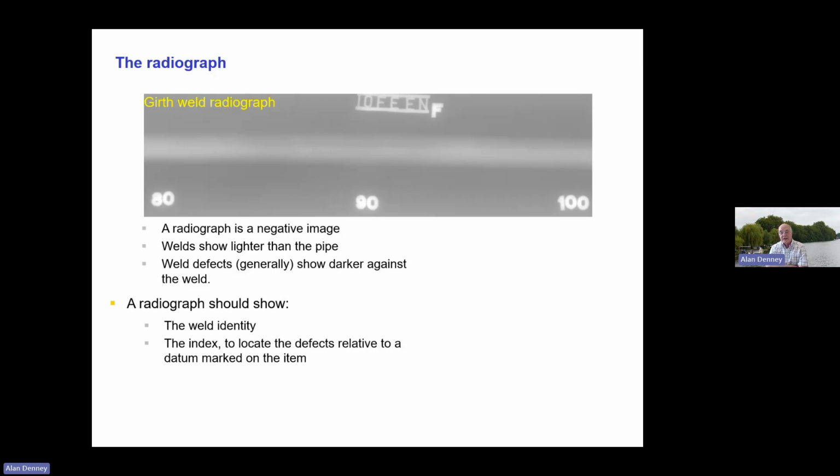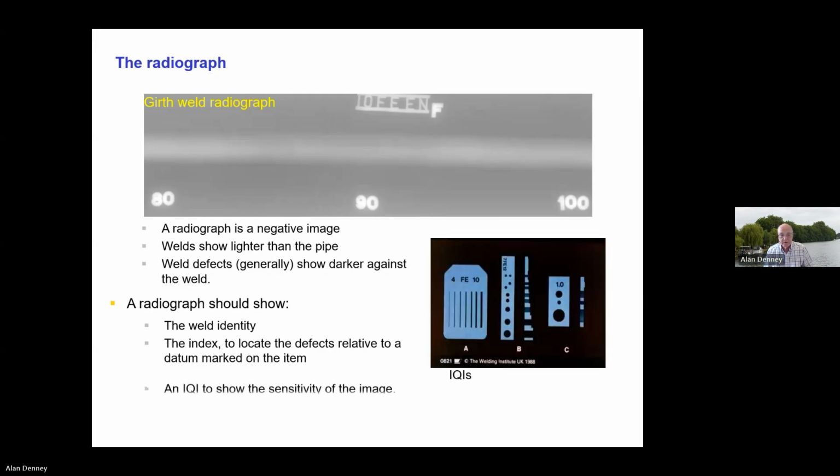Those are lead letters which have been wrapped around this weld, and they show you the position, obviously. So you use that index, you mark it on your piece of work, and you use that for marking up where the defect actually lies for excavation and repair.